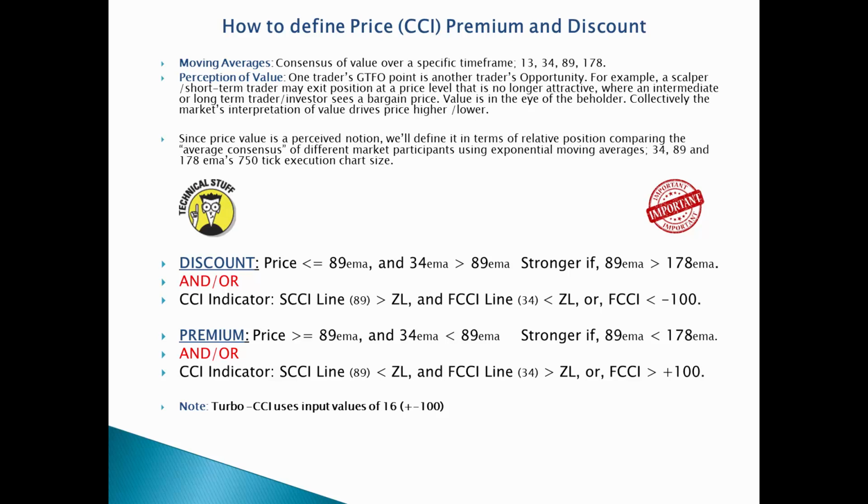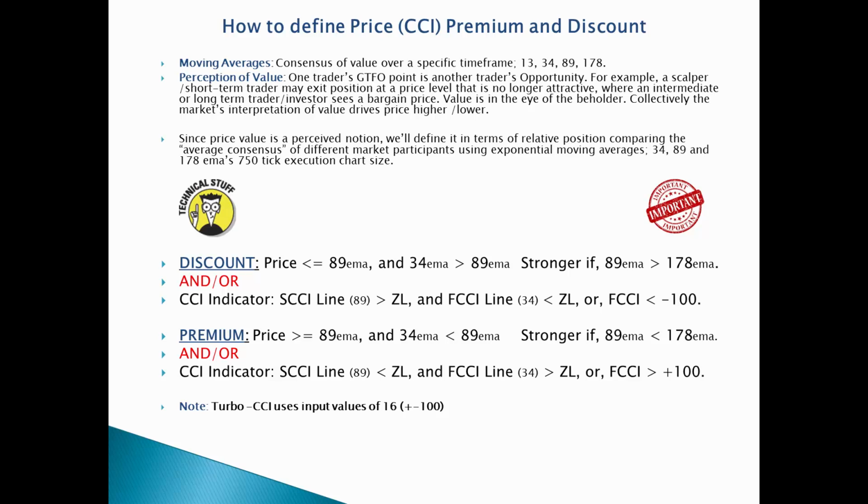Since price value is perceived, everybody has a different notion of what value actually is. But we're going to define it simply by the 13, 34, 89, but primarily the 34 and 89. And that was the core definition of our premiums and discounts.